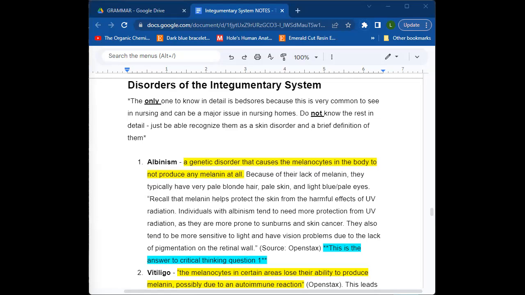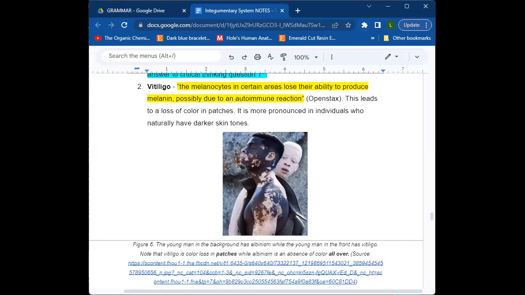And so while albinism is genetic and it affects the entire body, vitiligo is a little bit different. Vitiligo is where the melanocytes in certain areas stop being able to make melanin. And it's thought to be due to an autoimmune reaction.